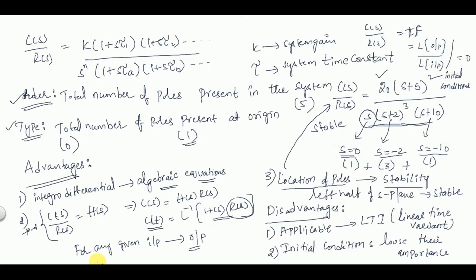But initial conditions also have an important role, because due to their presence a linear system may be converted into non-linear. That means in the analysis of the system, the initial conditions are not considered. Thereby, the perfect output for the system cannot be obtained from the transfer function analysis.